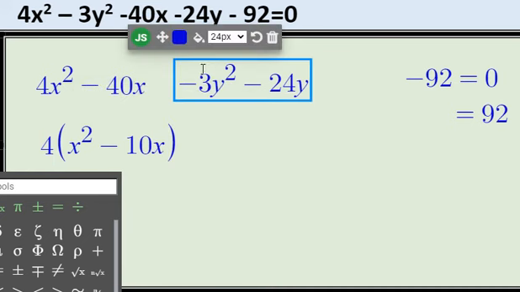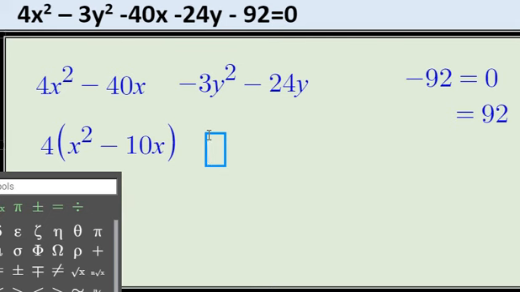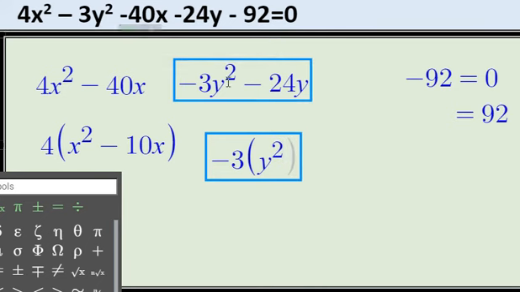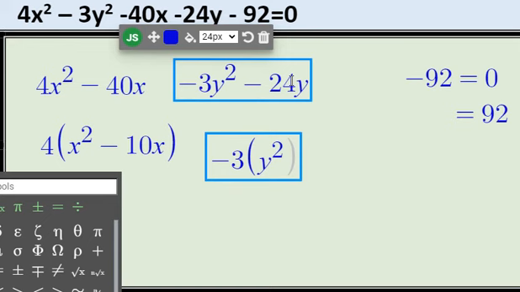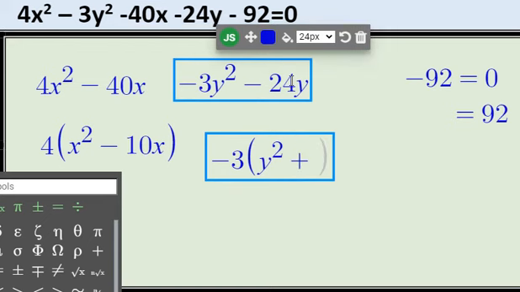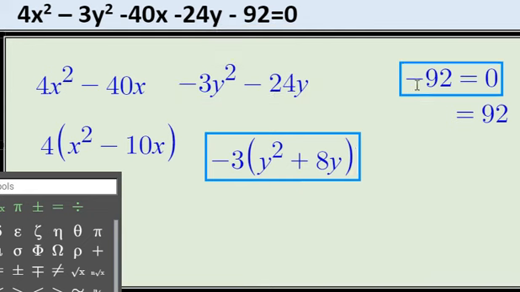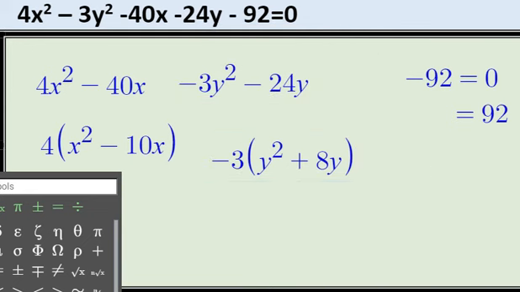So then when I deal with the negative 3, I get my y squared. Remember, I'm dividing the negative 24 by negative 3, so I get a positive 8 here. So plus 8y. And all this is equal to 92.